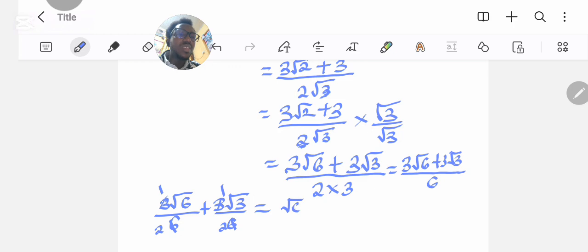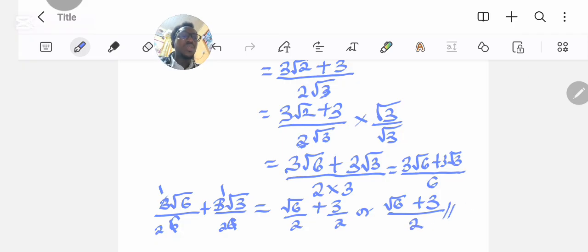So we can leave the answer as root 6 over 2 plus 3 over 2, or we'll leave it as (root 6 plus 3) all divided by 2 because 2 is the LCM here. So this is how we approach such a question, and we'll take one more, and I think that should be sufficient on this trigonometry. So let's take one more question.